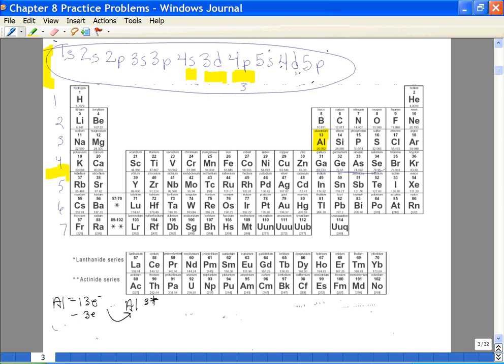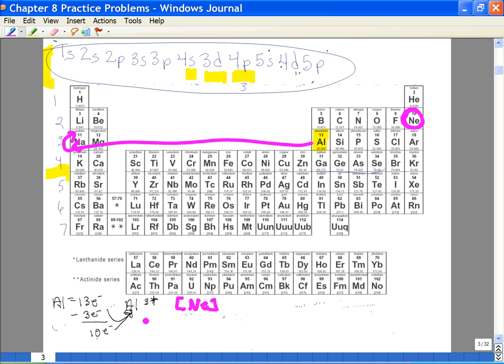So when we do that, we could actually just look at the periodic table here and say, okay, when we remove these 3 electrons, we're going to be back right here. We're going to look just like neon because neon has 10 electrons. So it just looks like that in shorthand notation. I'm going to go ahead and write it out in orbital diagram in the long form.